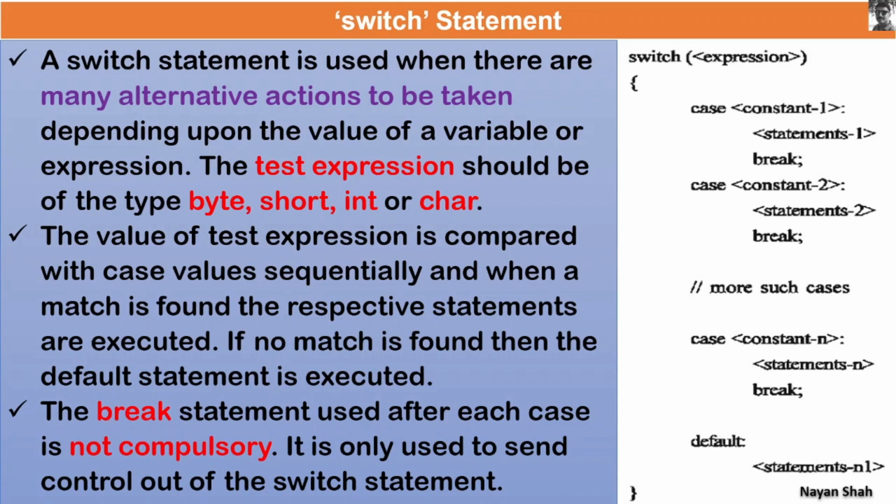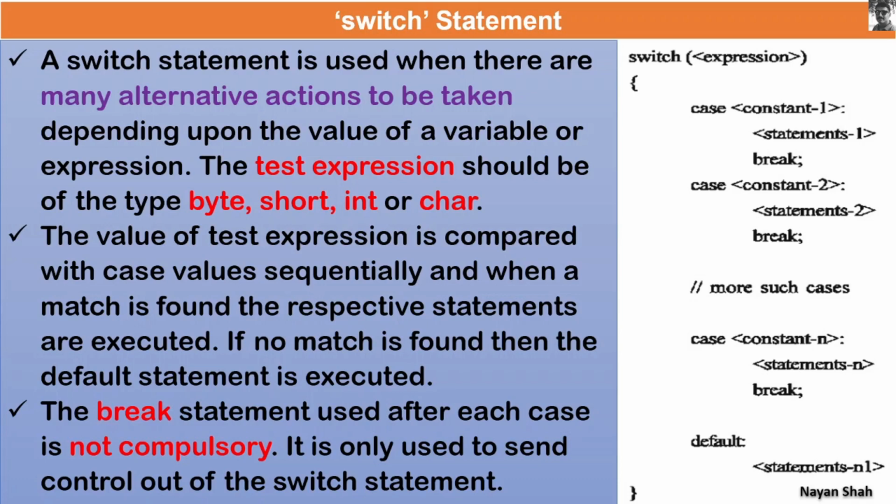Next is the switch statement. A switch statement is used when there are many alternative actions to be taken depending upon the value of a variable or an expression. In simple terms, you want to check a condition where there are not two possible answers but many possible answers. For example, if is used with a Boolean expression, where there are only two answers, true or false.